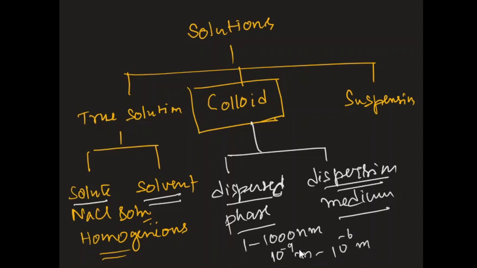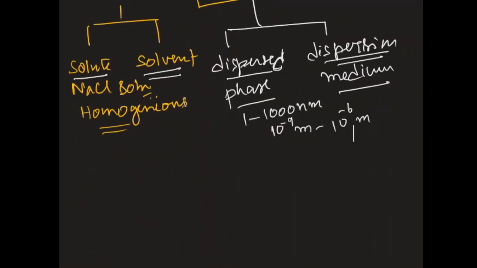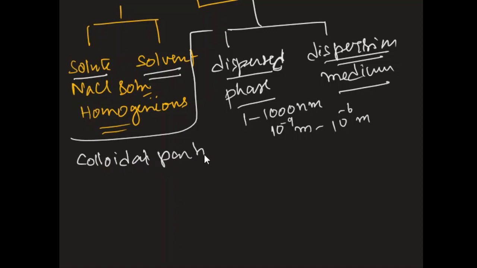It has got some wide range. The speciality of colloidal particle is its enormous area. It has got wider surface area. So the colloidal particles have very large surface area.